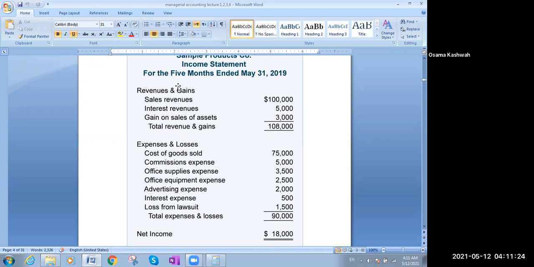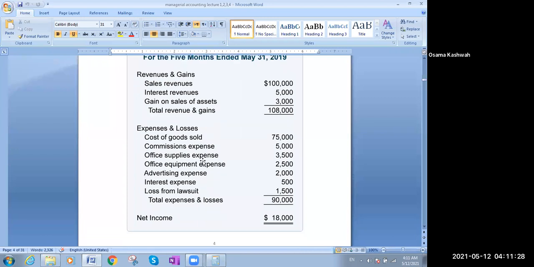Likewise, as I did for the revenues, I will do for the expenses. For the expenses, I will start with the cost of goods sold. This is 75,000. Commission expenses, like you pay commissions to the salesmen. This is 5,000. Office supply expenses, 3,500. Office equipment expenses, 2,500.